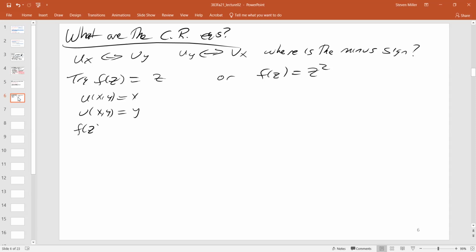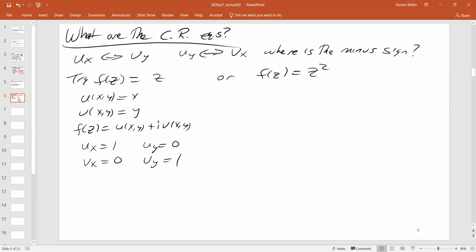Because f of z is u of xy plus i v of xy. What's the derivative of u with respect to x? 1. What's the derivative of v with respect to x? 0. What's the derivative of u with respect to y? 0. What's the derivative of v with respect to y? That's equal to 1.